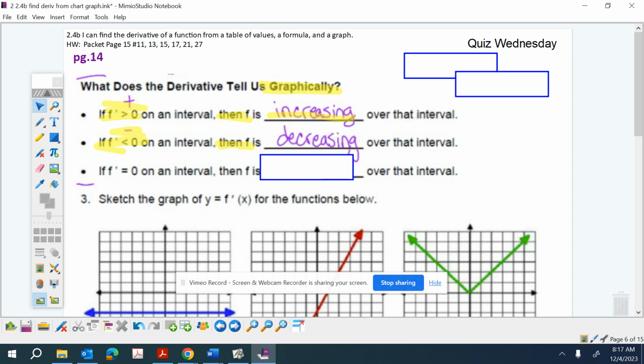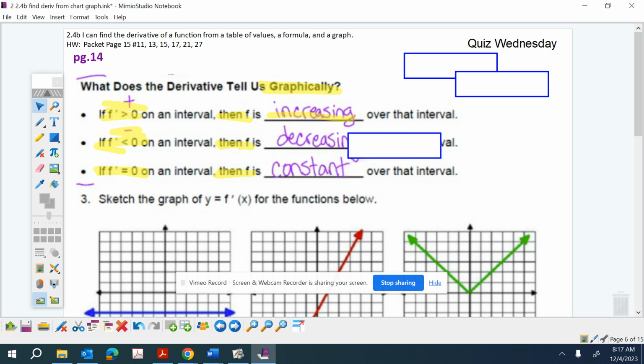When I get an answer of 0 for my derivative or slope, that tells me that I have found on the original function either a maximum or minimum. There is a constant over that interval, and a constant can also be a horizontal line or tangent.